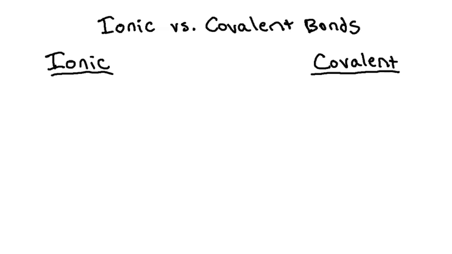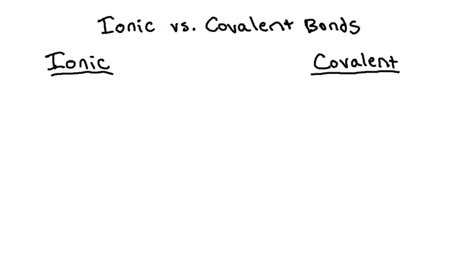So first, in order to rank the molecular forces and find out the boiling points of different molecules, I want to revisit the difference between ionic and covalent bonds, just as a little refresher.